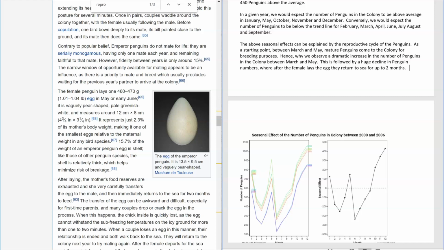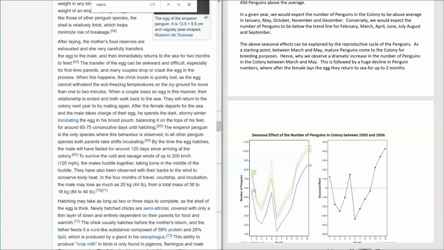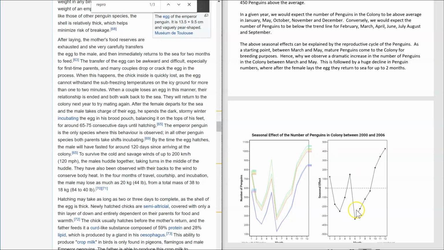So we've explained that, and that's this here. And then what happens after this? The females slowly come back, the males are there, and the new penguins are born. So that explains that big spike following that.